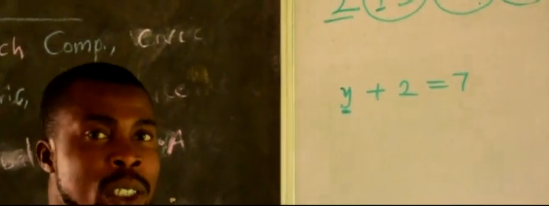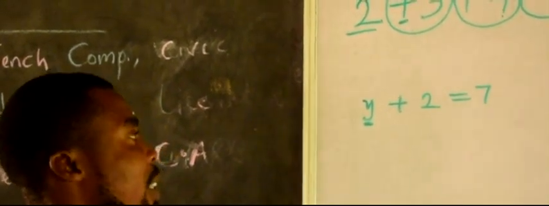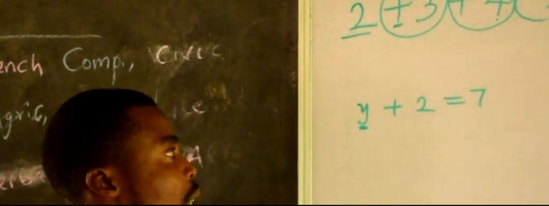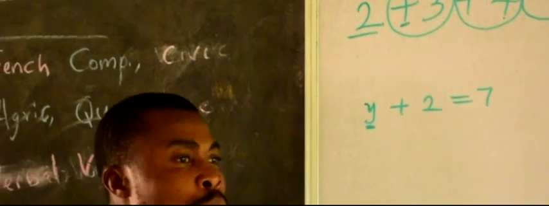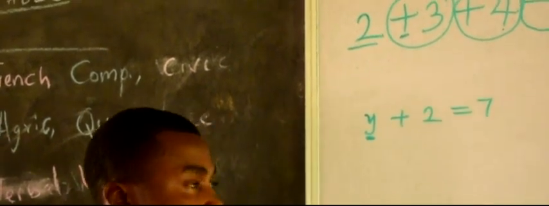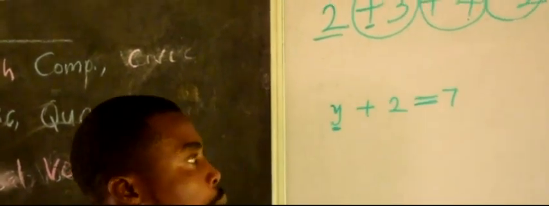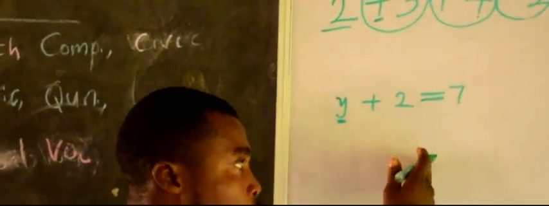But in an equation like this, we have 2 sides. We have the left hand side and the right hand side. How do you know the left hand side and the right hand side? Your equal to will make you know the left and the right. Equal to is at the middle.